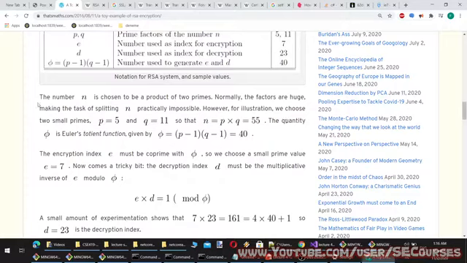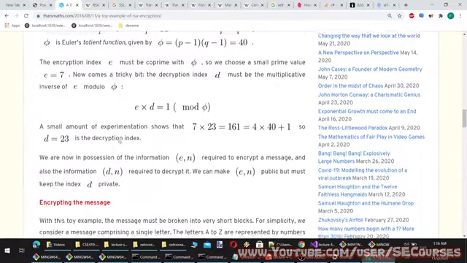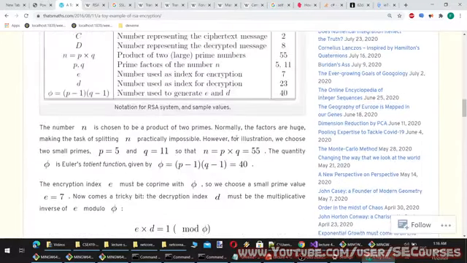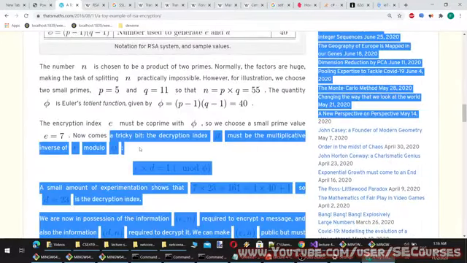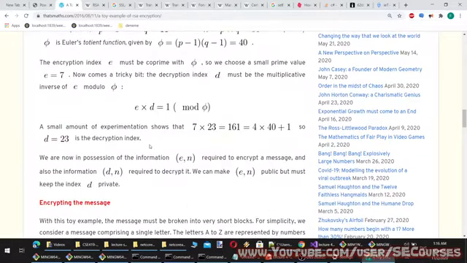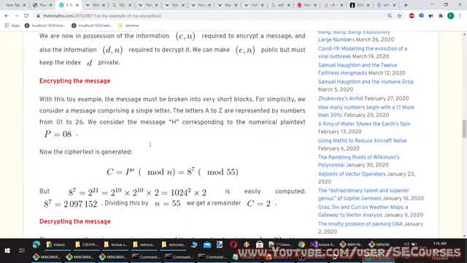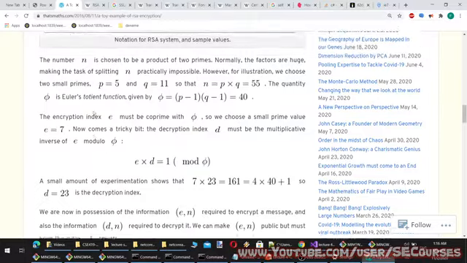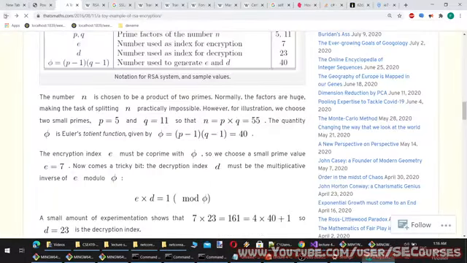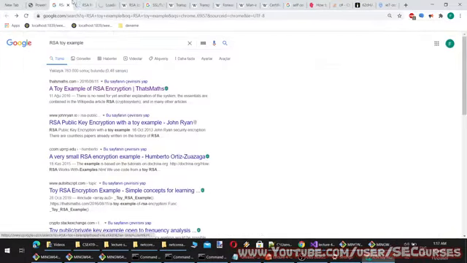However, for illustration, we choose two small primes, and so the quantity is Euler's totient function, given by... Maybe I can find something that will be better.